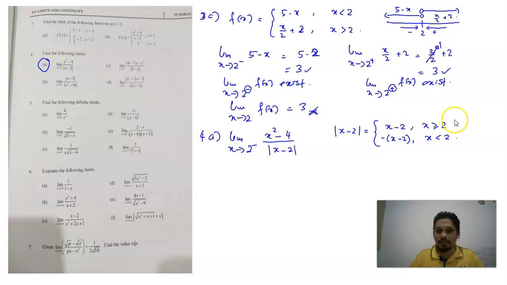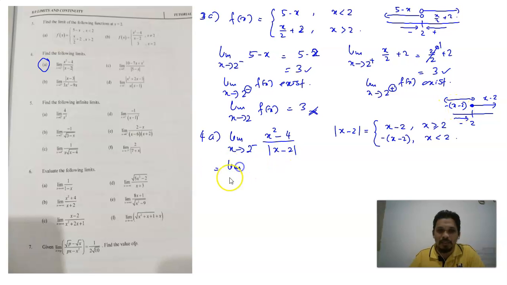Now, x approaching 2 from the left. For x greater than or equal to 2 and x less than 2, this is for x minus 2 and this is negative of x minus 2. So when x is approaching 2 from the left, which function represents this? Yes, negative of x minus 2.